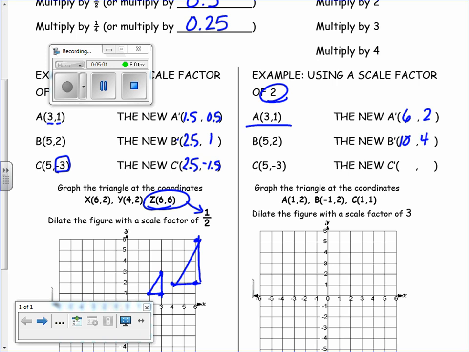So B was 5, 2. B prime is 10, 4. 5 times 2, once again, that's 10. Negative 3 times 2 is negative 6. So C was 5, negative 3. C prime, 10, negative 6.